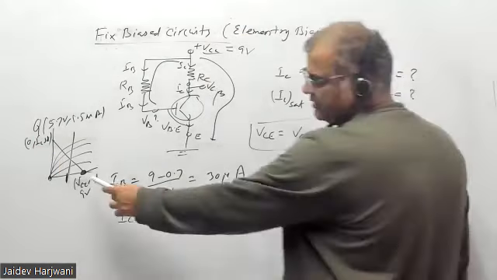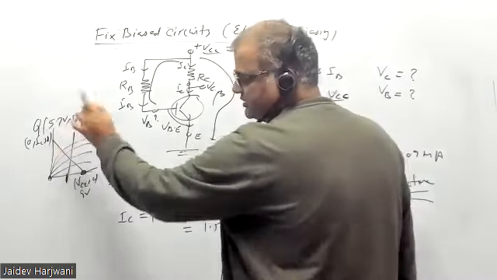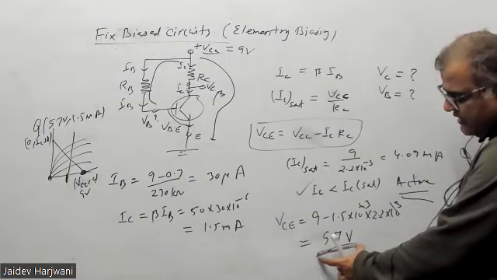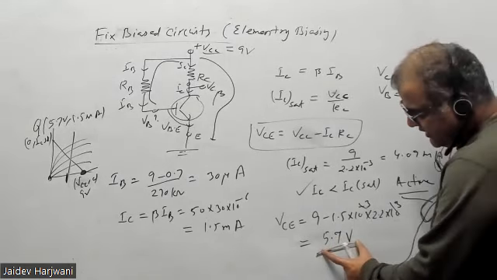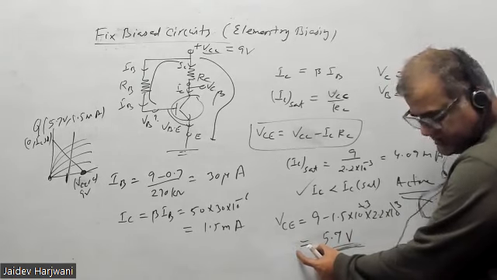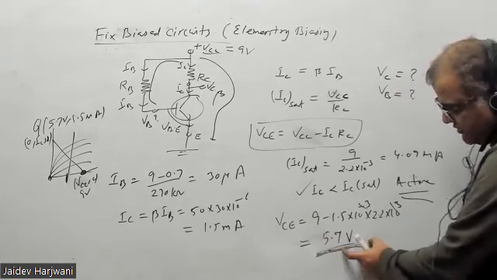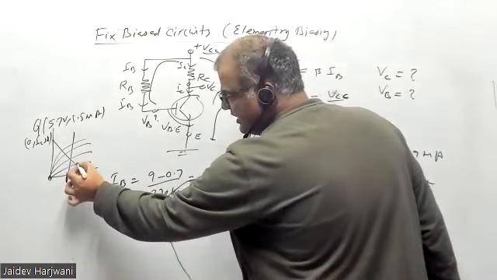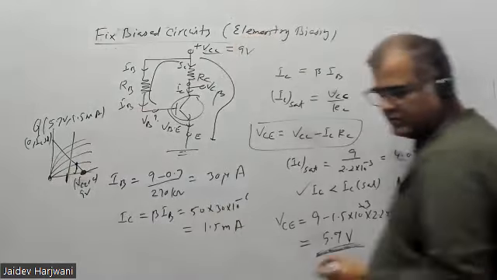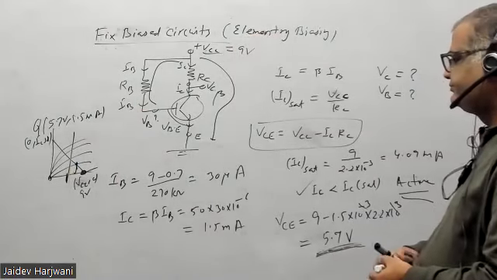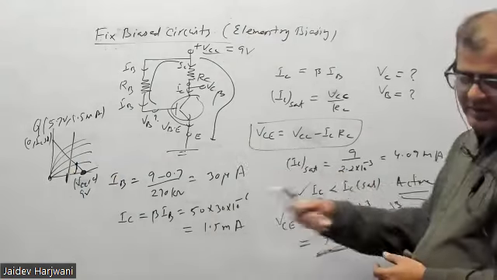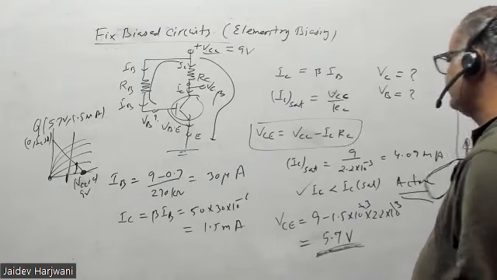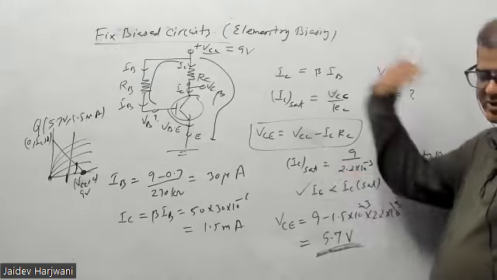These are the end points. By seeing the value you can decide: if it is close to 0, it is near saturation. If it is close to 9, near VCC, then it is close to cutoff. If IB is 0, it is surely cutoff. If IC is greater than IC saturation, it is surely in saturation.